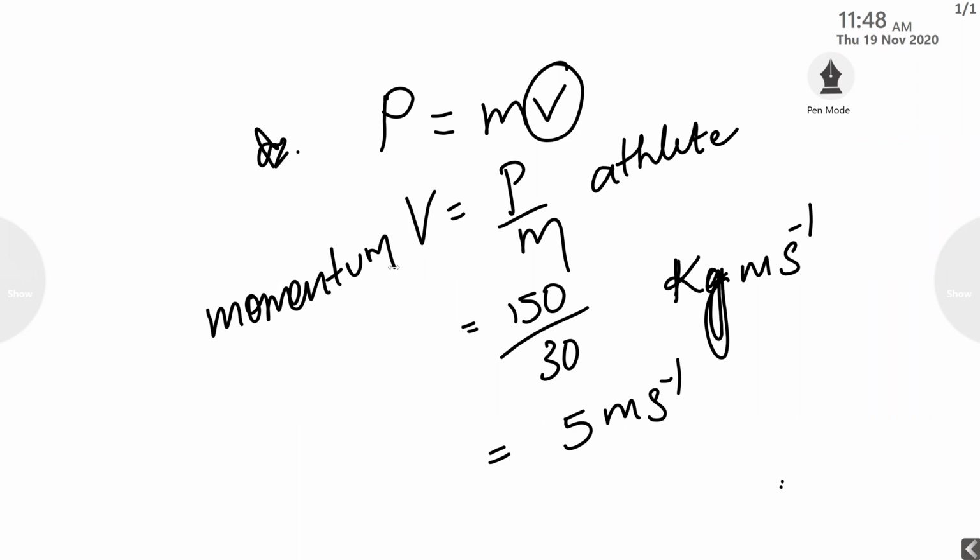Next question, given in CBSE 2012. An object is thrown vertically upwards.